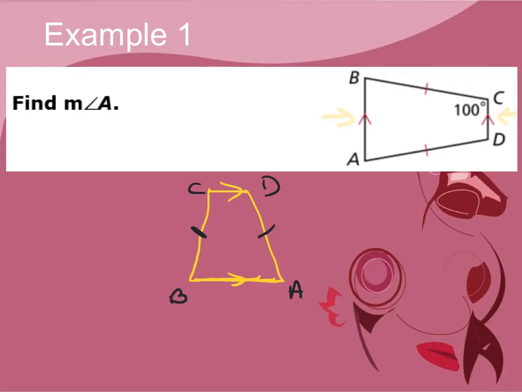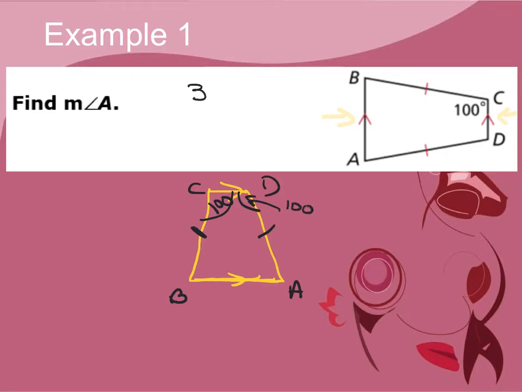And if C is 100, and because this is an isosceles trapezoid, I know that this base angle is congruent to this base angle. So there's a couple different ways we could go about figuring out the measure of angle A. If these are base angles that are congruent, I could do 2 things.